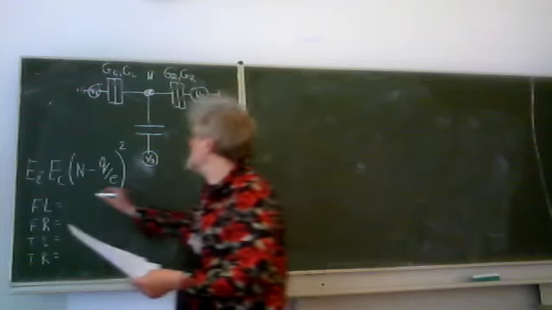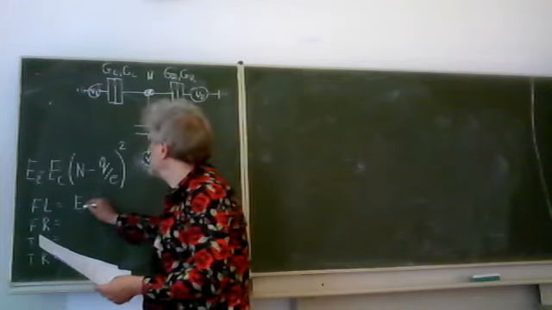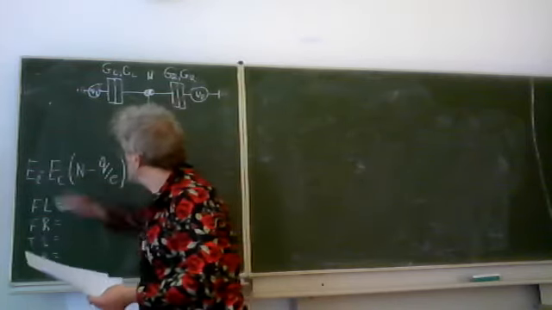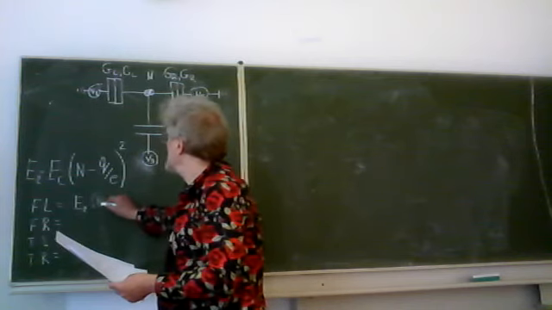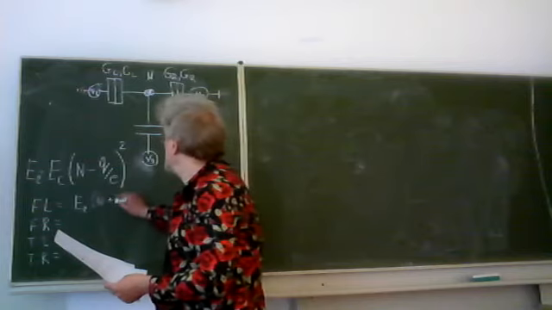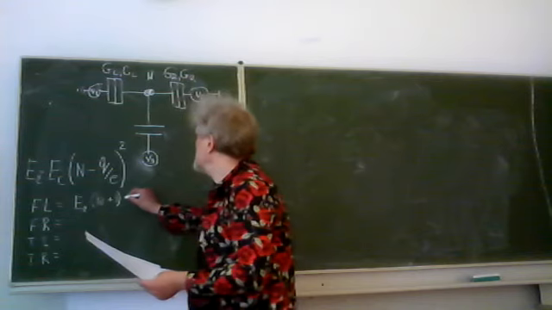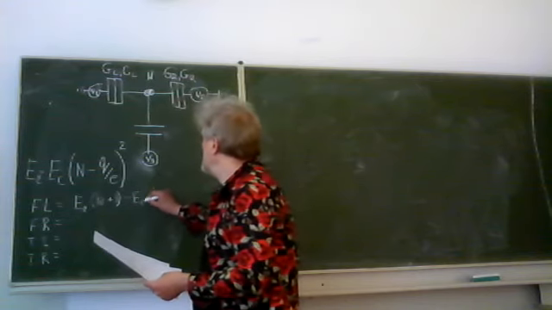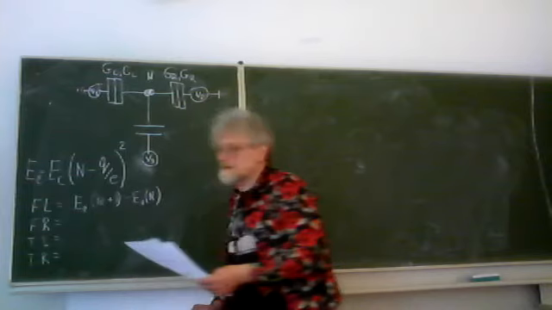This means that in the final state, the electrostatic energy is for n plus 1 electrons, while it was for n electrons before this transition.